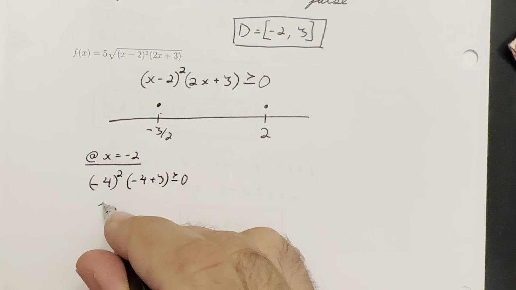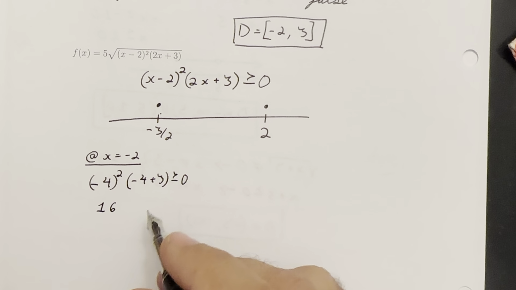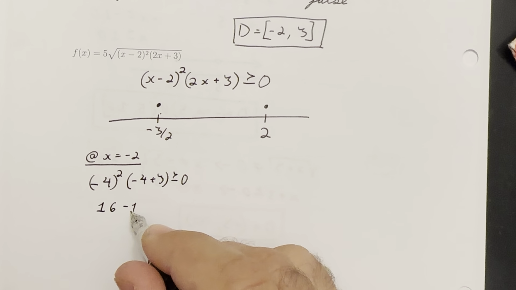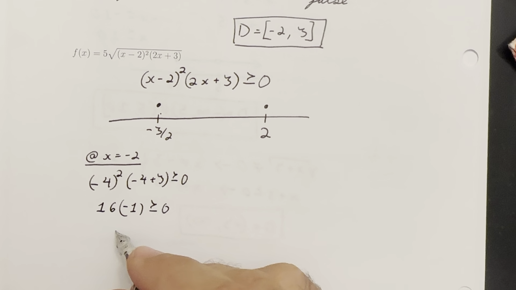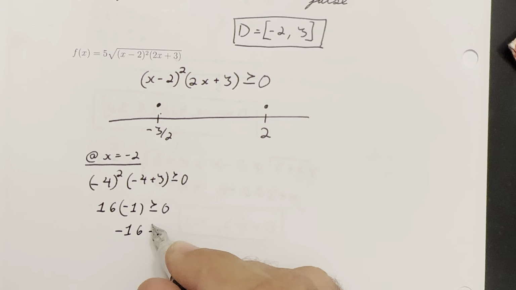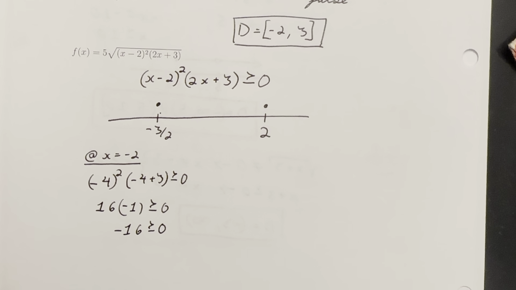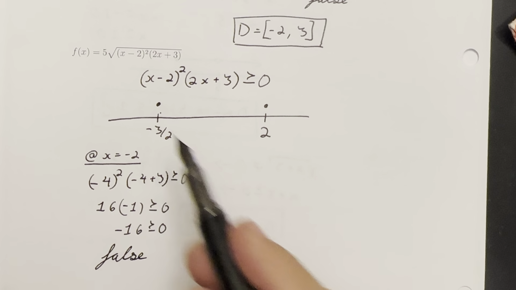So we got +16 multiplied by -1. And -16 is, in fact, not greater than 0. And so we would say that is false. and we don't include it.